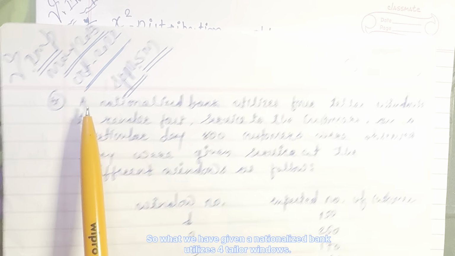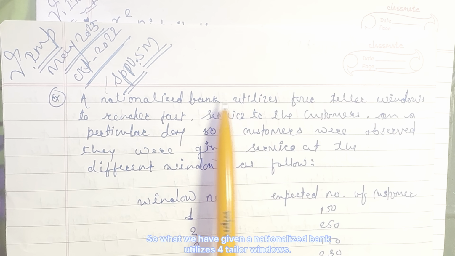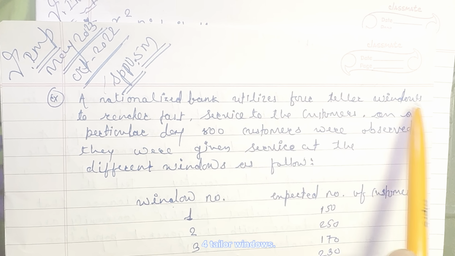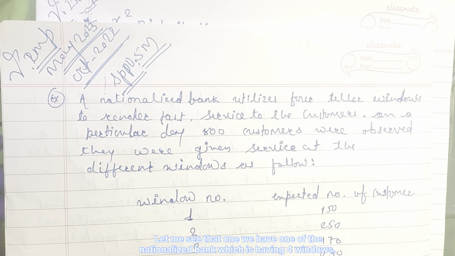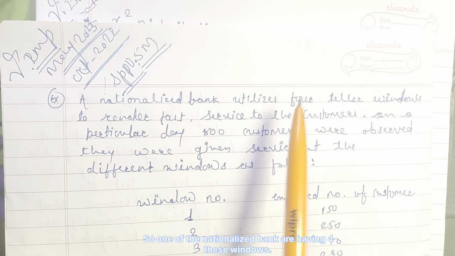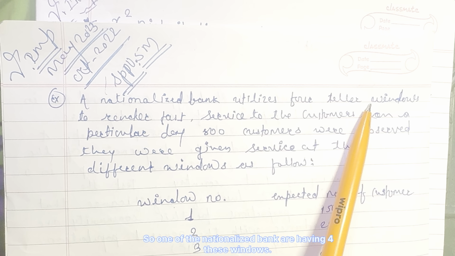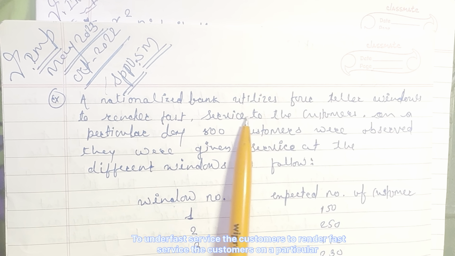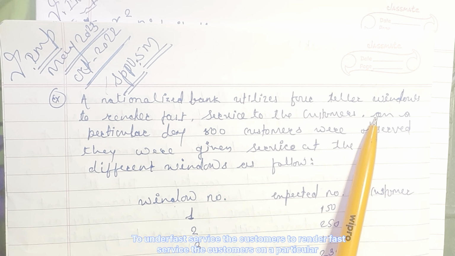What is given: a nationalized bank utilizes 4 teller windows. That means we have a nationalized bank with 4 windows, the small windows from which we do our work whenever we go to a bank.